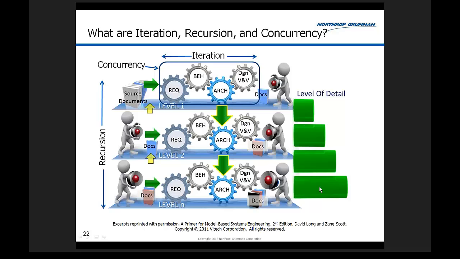But the level of detail is increasing as you go down. I like this diagram. It really shows a lot. Now, recursion is going up and down the levels using the same processes again and again and again. That's recursion. Iteration is staying at the same level. Recursion is going up and down. And concurrency is everything going on in parallel.